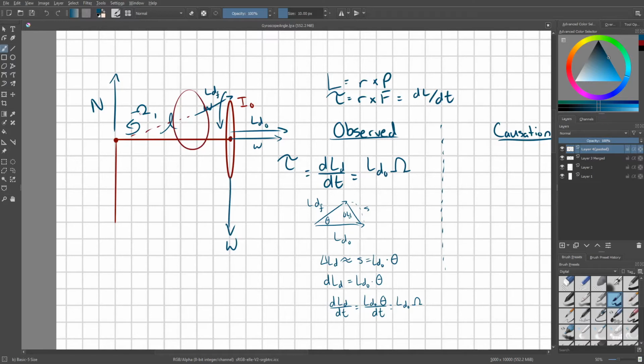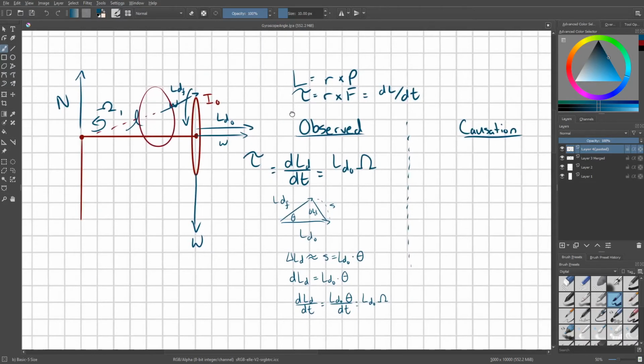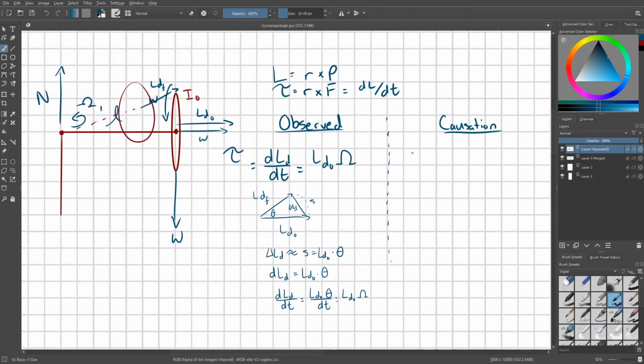The weight, however, does provide a torque, acting a distance L away from the pivot point. Knowing that torque equals R cross F, our R is the length L and our F is the weight.